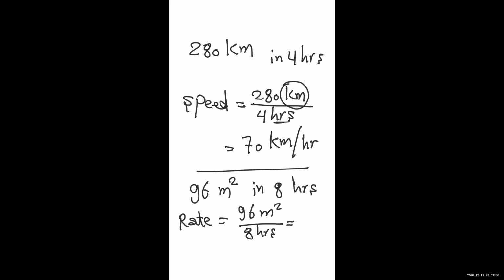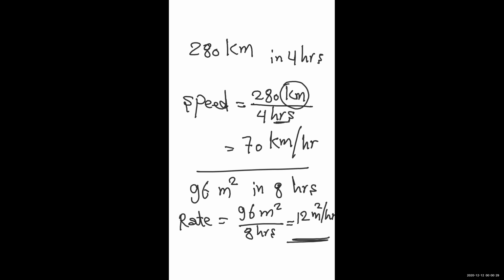So 96 over 8 equals what? Yes, it equals 12. So it will equal 12 square meters per hour. Now it's clear? Yes. Till now we are clear? Okay, great.